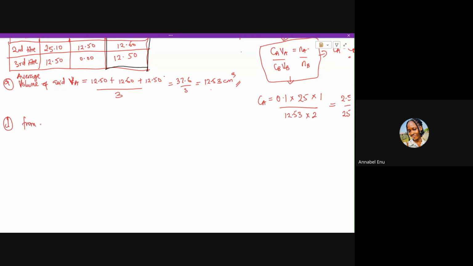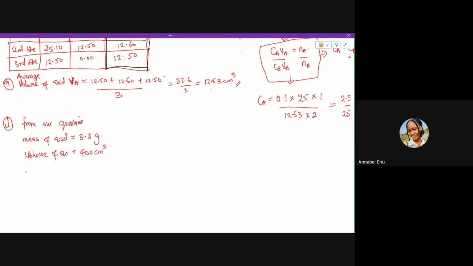From our question, we have mass of acid equals 3.8 gram, and volume of solution equals 400 centimeters cubed.